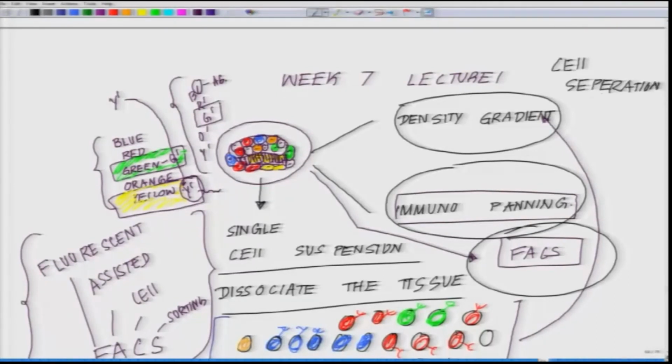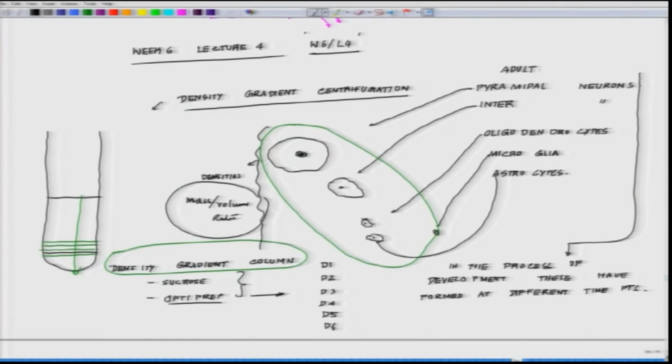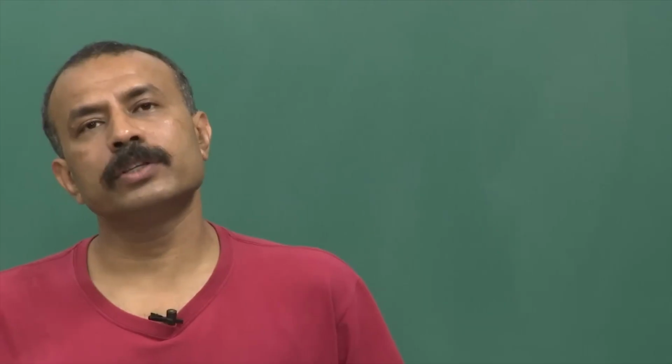If you go back and think over what we covered, you have different kinds of neurons, oligodendrocytes, microglia, astrocytes, and not only can you separate them using density gradient, you can separate them out further by immunopanning.